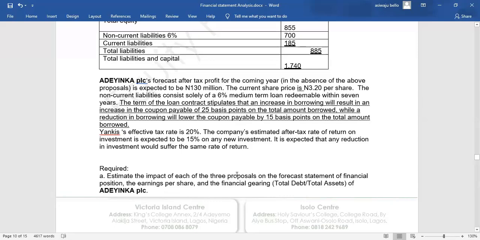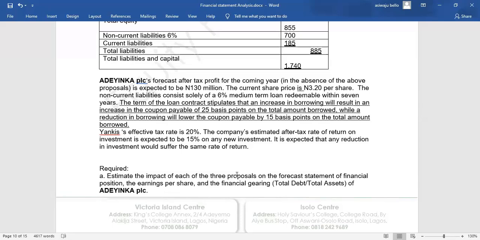You are going to treat each proposal independently. You are going to take proposal 1: the impact of proposal 1 on the financial statements, earnings per share, and financial gearing.